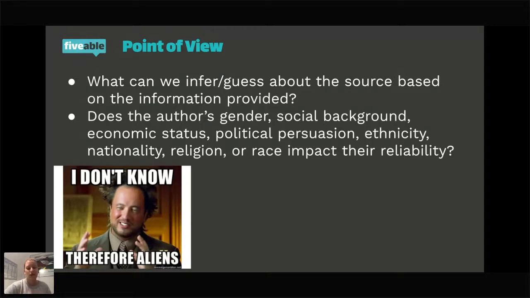Really take a closer look and analyze if that is important to bring up, if it impacts their reliability with that document. Just don't say they're a priest, so they must be religious. That's not really going to give us any information or any deep analytical look at the document or the time period or the prompt. We really have to think carefully and critically about what we're using for our sourcing.